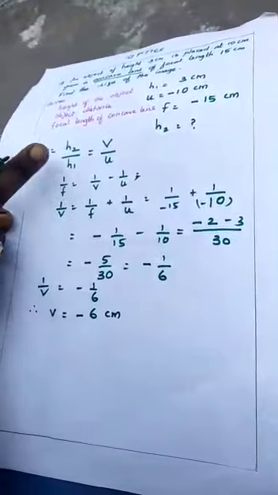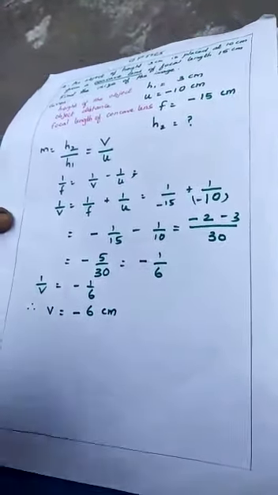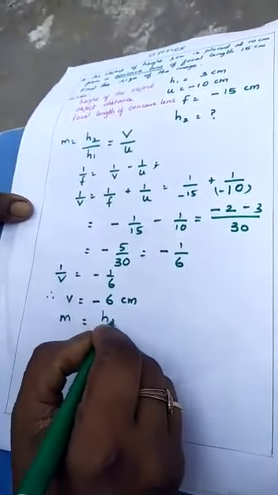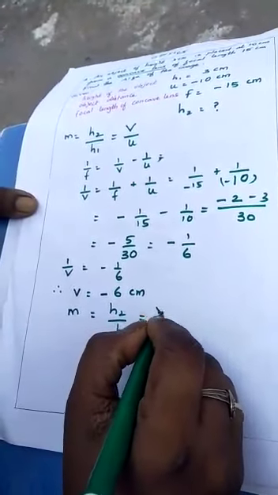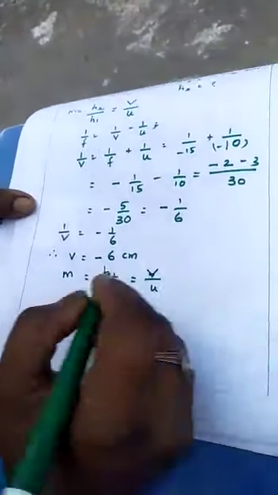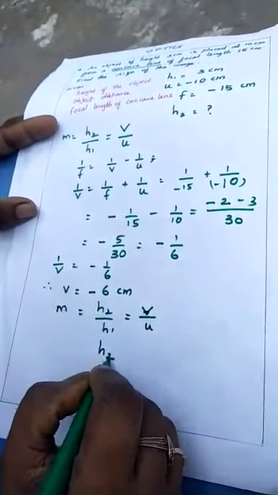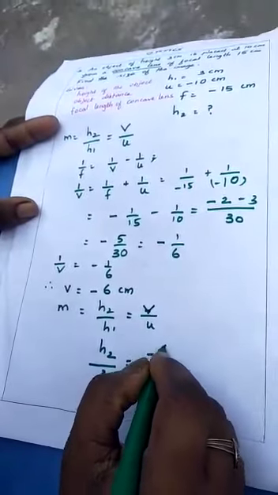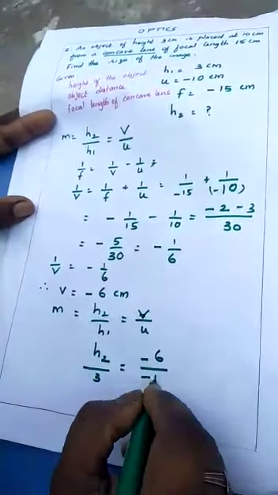Now we get the v value. Now substitute this in the formula. M is equal to H2 by H1 equal to v by u. So we have to find H2 divided by H1, 3, equals minus 6 divided by u, which is minus 10.